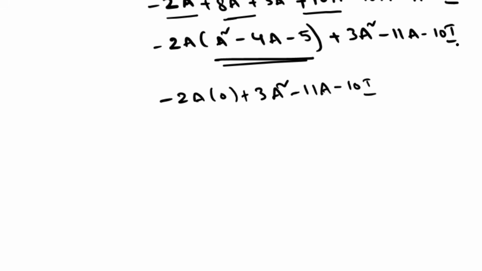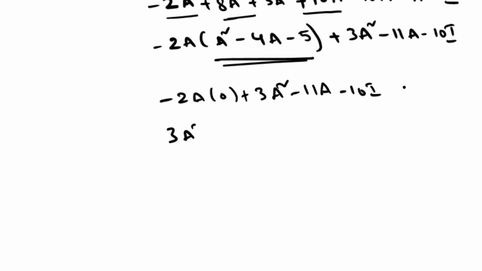Now we can take 3 as a common, a square minus 4a minus 10i.